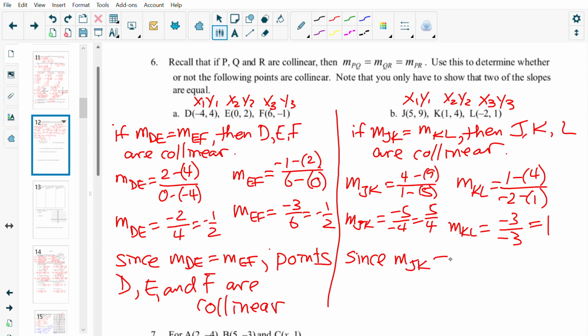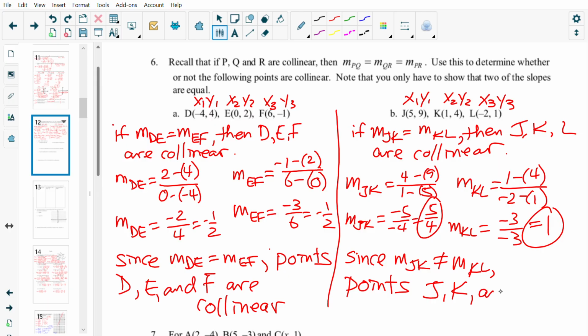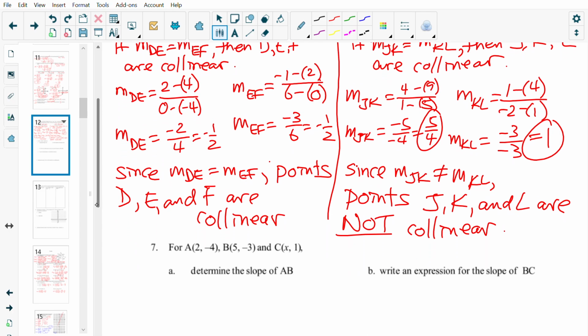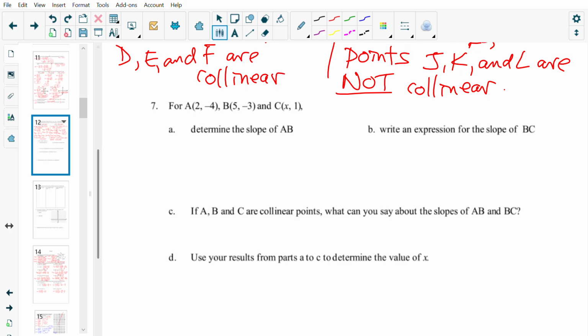Since slope of JK, 5/4, does not equal slope of KL, which is 1, I can say points J, K, and L are not collinear. All right, so that's using our slope formula to prove or disprove collinearity.